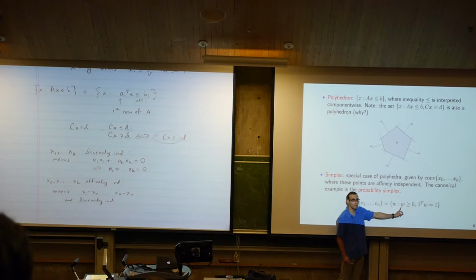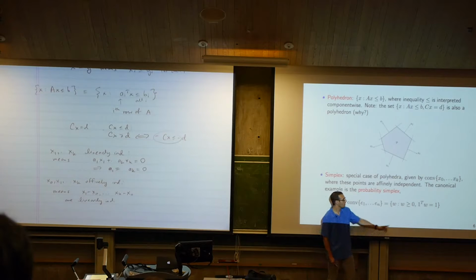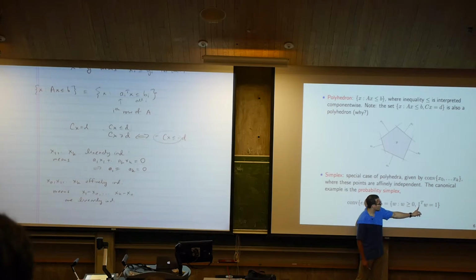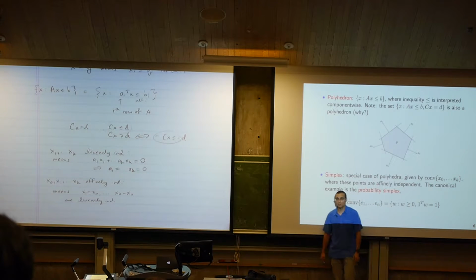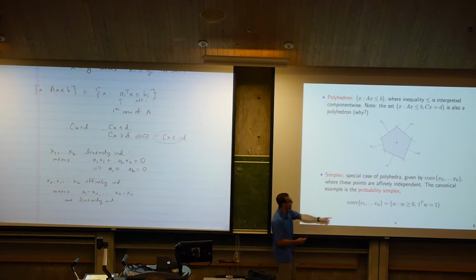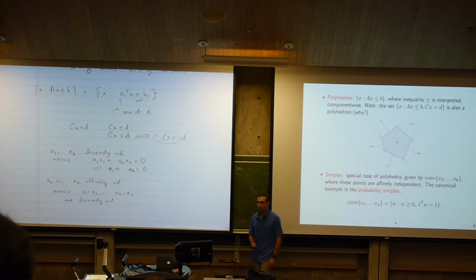Remember, from now on, if this is a vector, we mean that this inequality holds for each component. So w is greater than or equal to 0 in each component, and 1 here means the vector of all ones, so the sum of the w's is equal to 1. You can think of each of these vectors w as a probability distribution over the numbers 1 through n, because they're all non-negative and they sum to 1. Probability simplex.